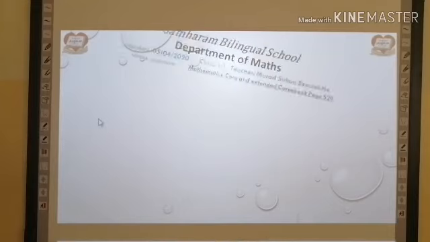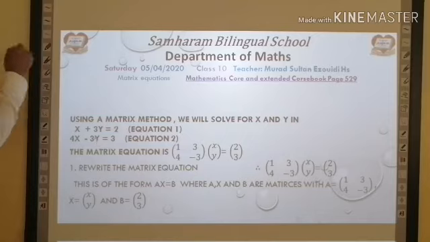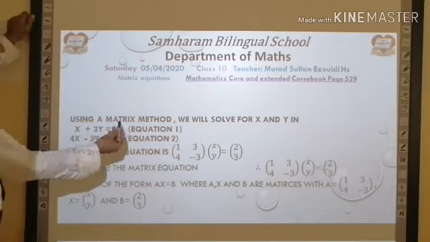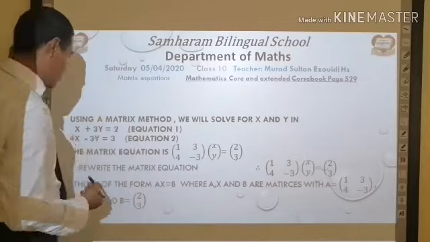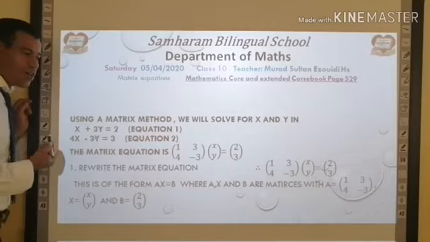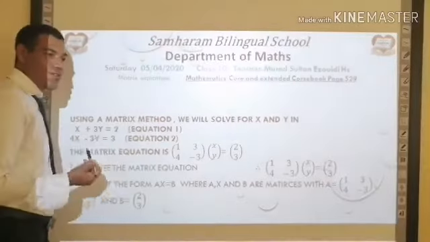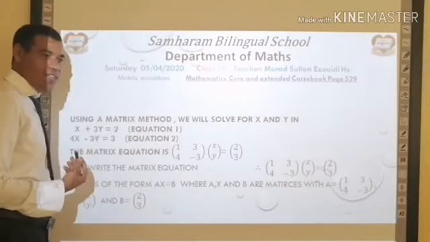Okay, let's see. For example here, my kids, using a matrix method, we will solve for x and y. We have two simultaneous equations, so I will try to solve these two equations and find the value of x and y at the same time.